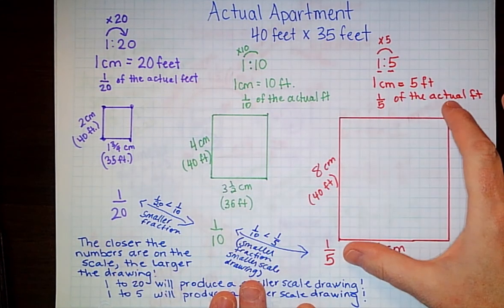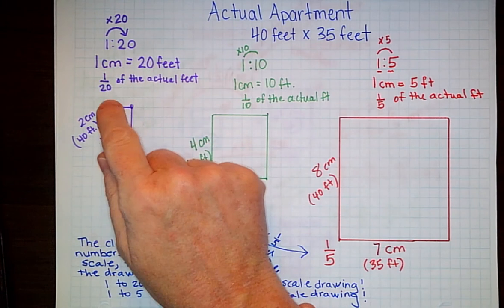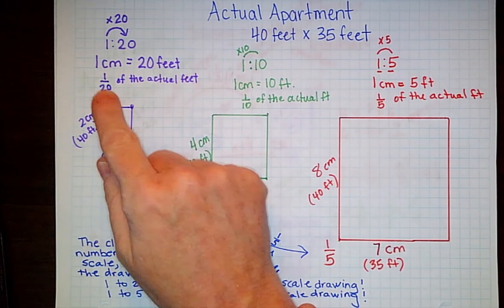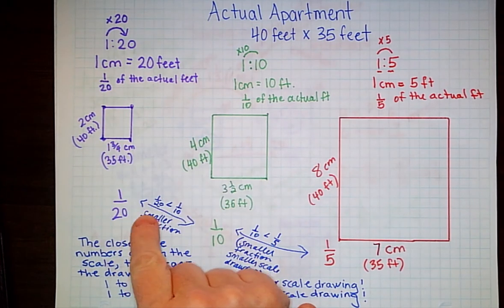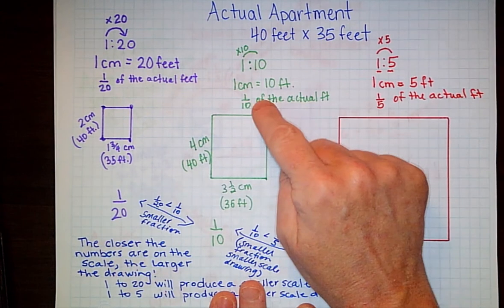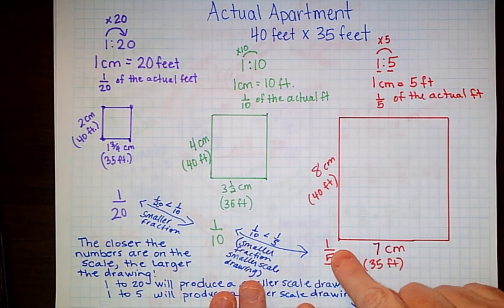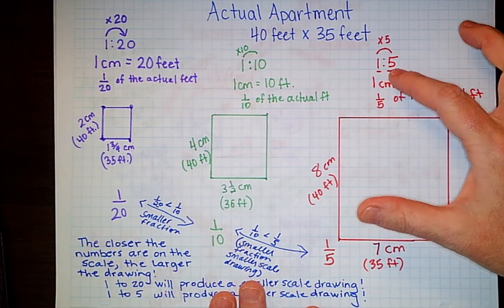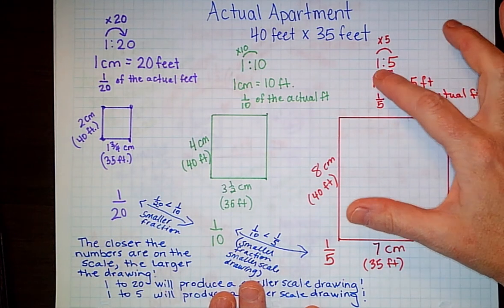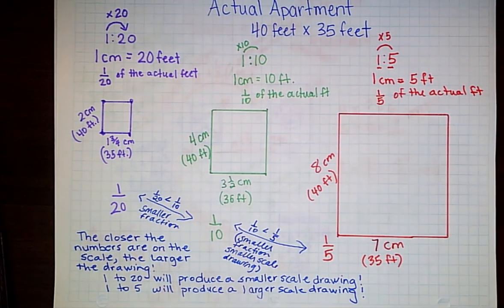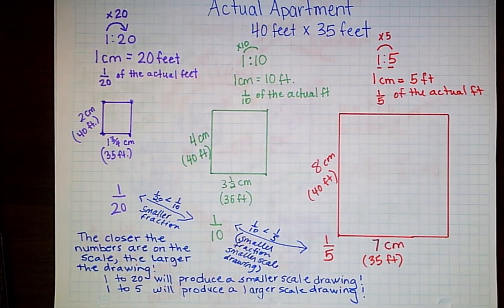We can look at it as a fraction: 1 out of 20 is smaller than 1/10, and 1/10 is smaller than 1/5. So the closer these two numbers get to a 1-to-1 ratio, the larger the scale.